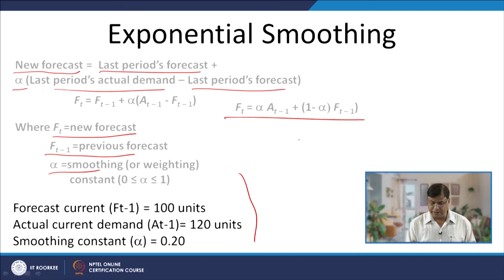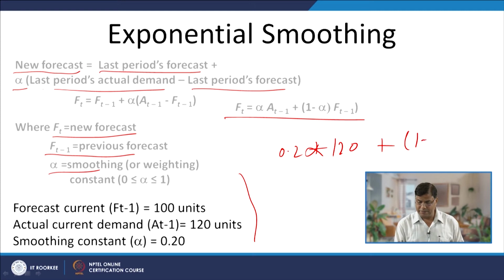Just for an example, assuming alpha is 0.2, and the actual demand is 120, so 0.2 into 120 plus (1 minus 0.2), that is 0.8, into F_(t-1), where the forecast is 100. This is one way to calculate.